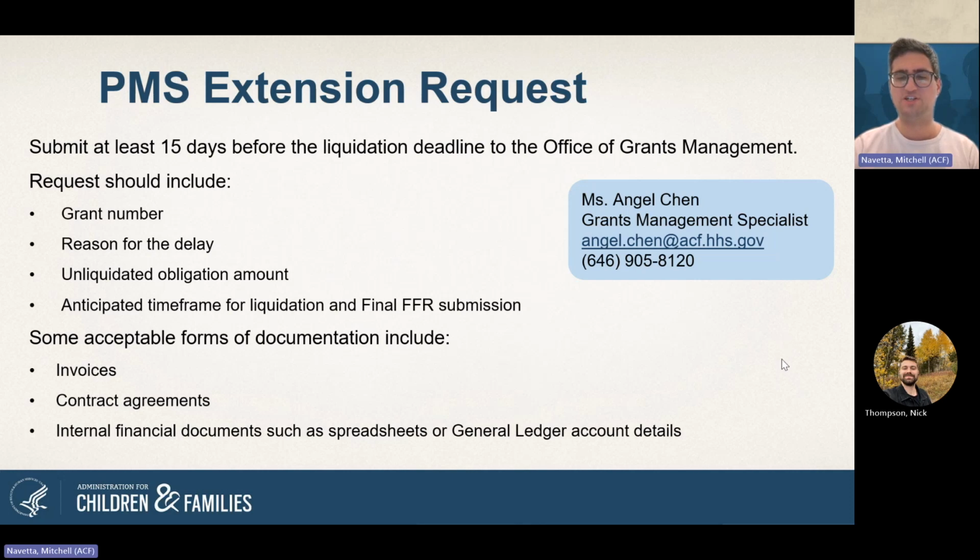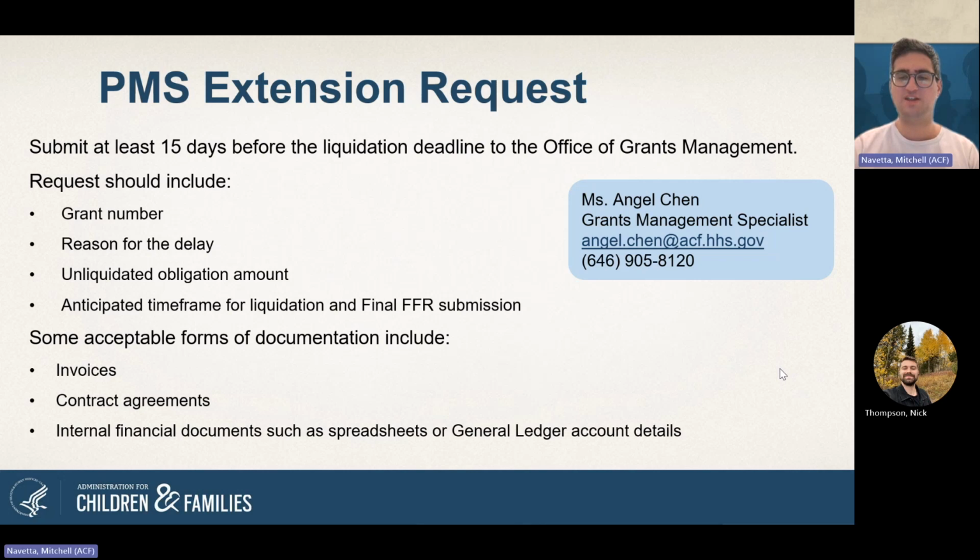A request to OGM should include the grant number or numbers, which can be found on LIHWAP Notice of Award letters, a reason for the need to extend access, how much funding has been obligated but remains unliquidated, and the anticipated timeframe for liquidating those funds and submitting the final Federal Financial Report, or FFR, to OGM.